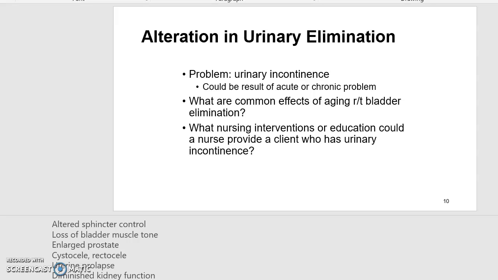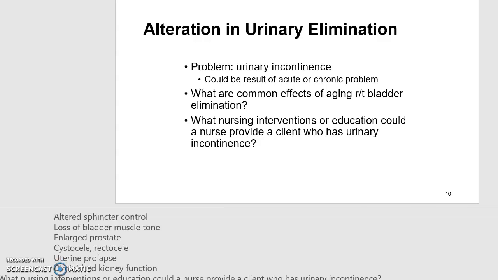Women can get a cystocele and rectocele, which is basically a collapse of the urinary bladder or the rectum into the vagina, and it basically takes on a reverse shape than it should have. Uterine prolapse, again meaning the uterus has fallen from where it originally was, and also diminished kidney function, definitely areas.